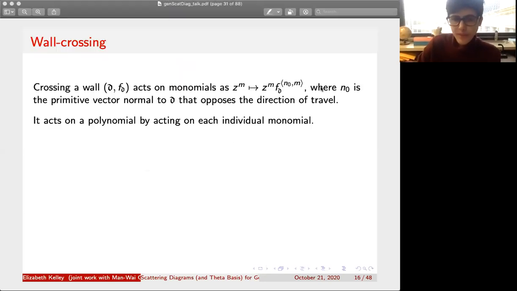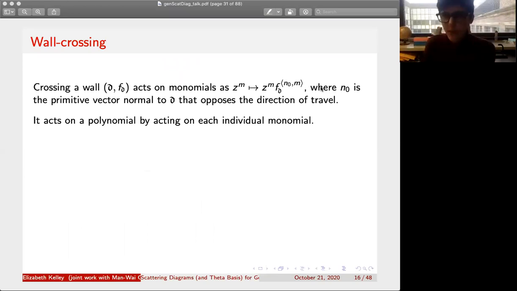Okay. So wall crossing is basically telling you how to hop across one of these walls. Here we always start with some monomial, and a monomial starts at the lattice point that its exponent is. So if I start with the monomial z^(1,1), I'm starting at lattice point (1,1).